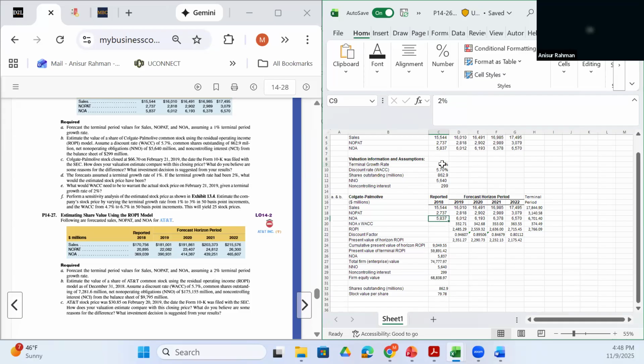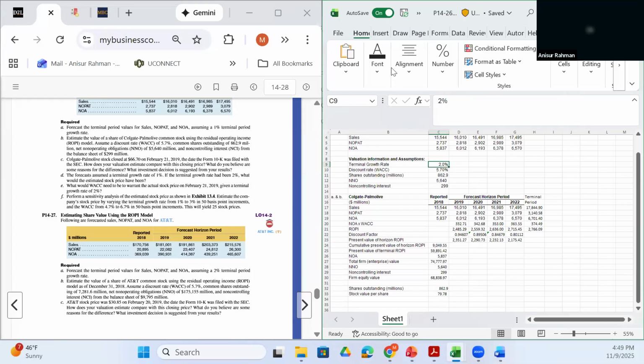And that makes sense because if our sales increase, our NOPAT will increase, NOA will increase. So that will also increase the share price.